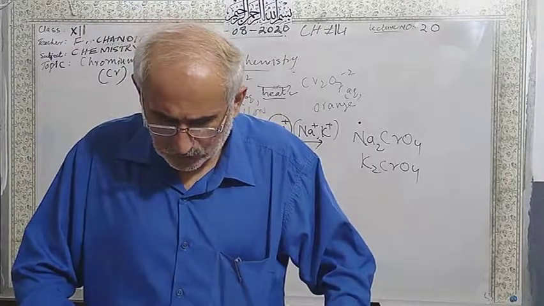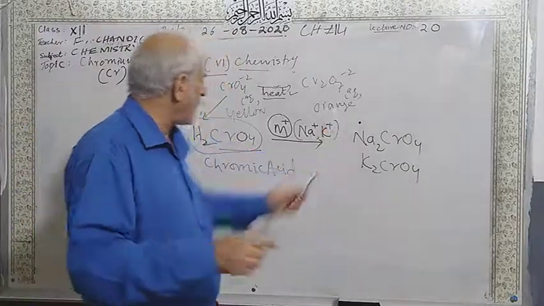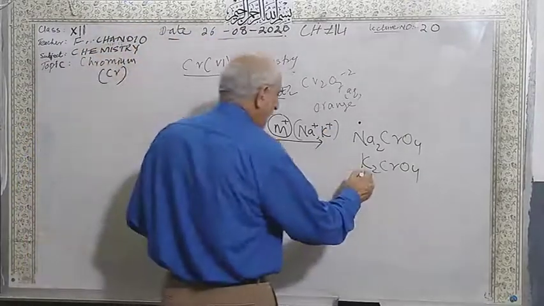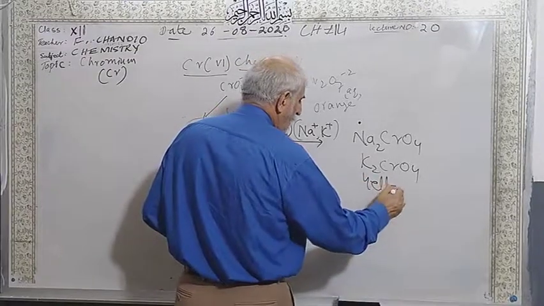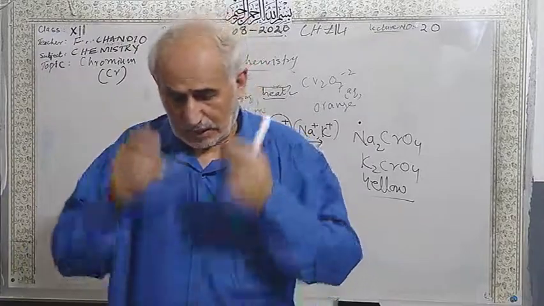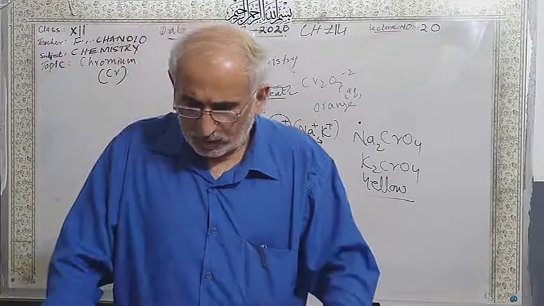The salts of chromate are formed, and I told you these chromates are yellow. So these salts are brilliant yellow color and soluble in water.